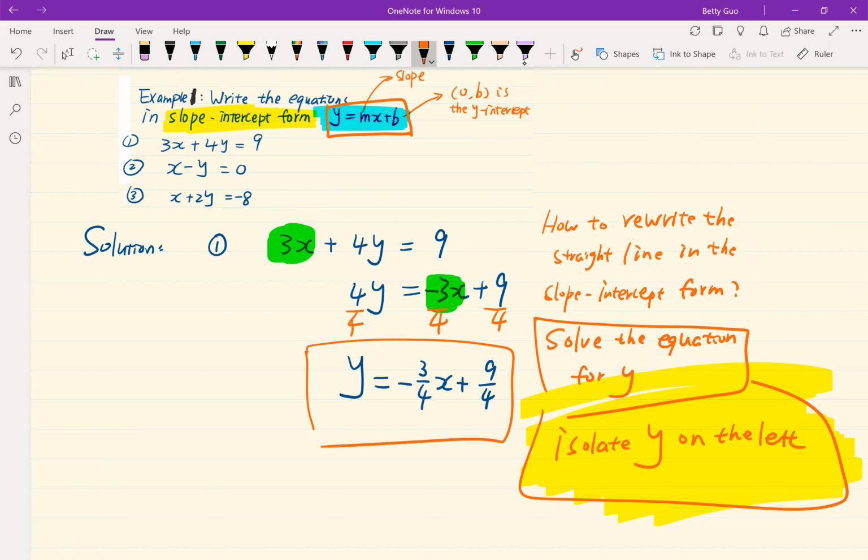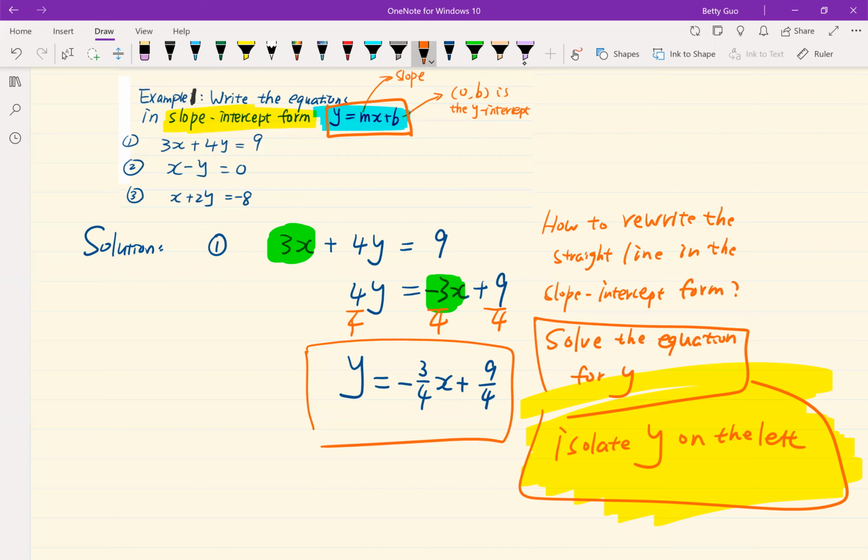Do you see that? Tell me, please, what's the slope of the line? Negative 3 over 4, very good. What's the y-intercept of the line? 0, 9 over 4, right? Slope-intercept form, okay?